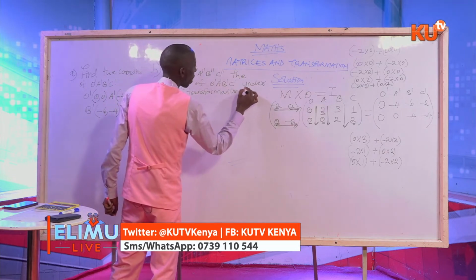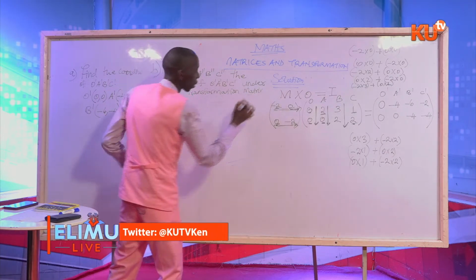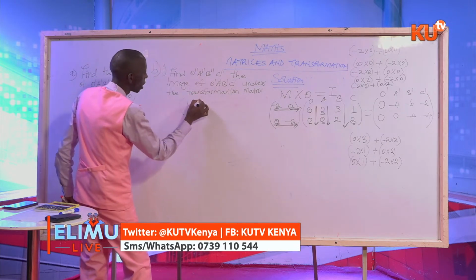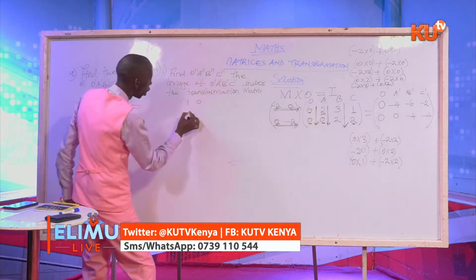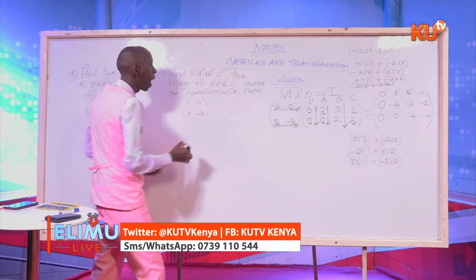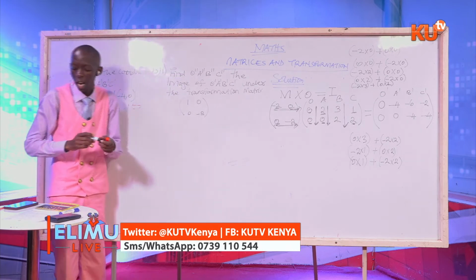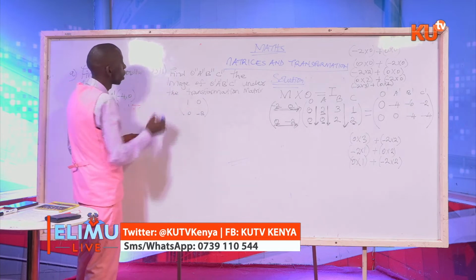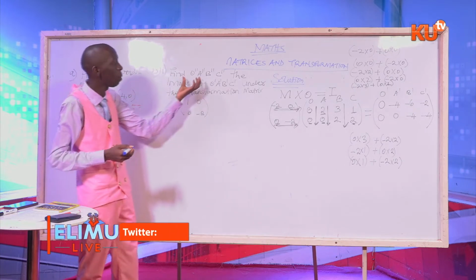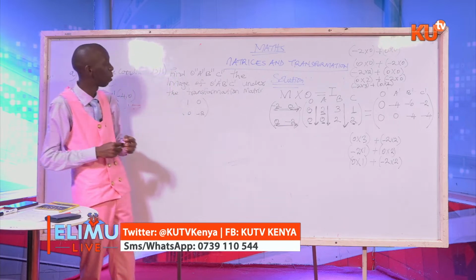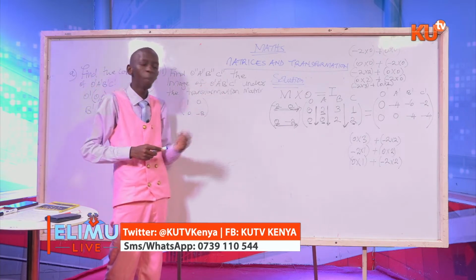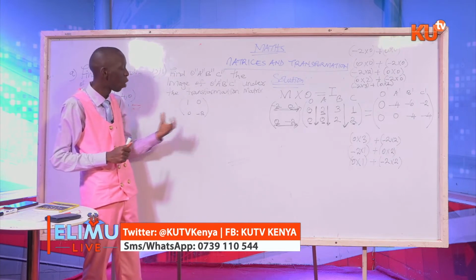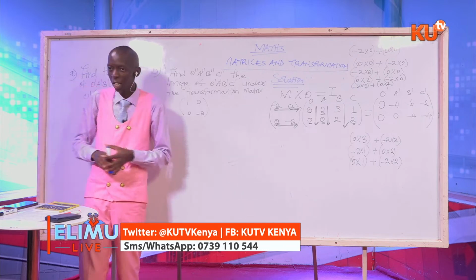Find O double prime, A double prime, B double prime, C double prime, the image of O prime, A prime, B prime, C prime under the transformation matrix 1, 0, 0, negative 2. We are told to find O double prime, A double prime, B double prime, C double prime, the image of O prime, A prime, B prime, C prime under the transformation matrix 1, 0, 0, negative 2.